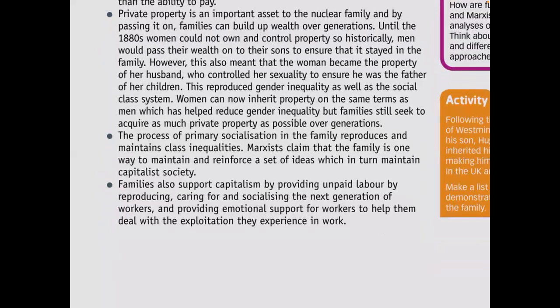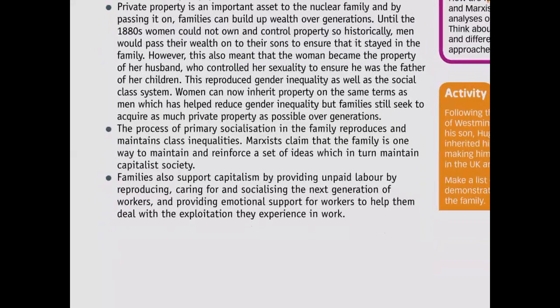Families also support capitalism by providing unpaid labor by reproducing. As the population increases, as children increase, obviously there is more labor for the capitalist society. Even though it sounds extreme, it is true. Companies such as Samsung, Unilever, Nestle still require labor, and when someone is retiring, the first thing they prefer is that someone from the same family comes and works for them.